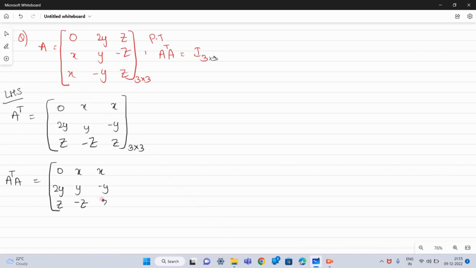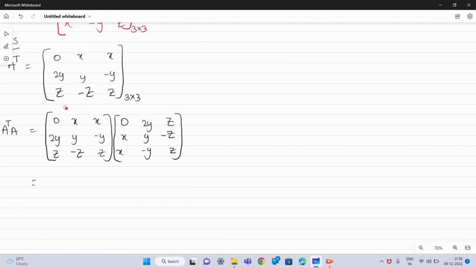This is A transpose with A: 0, 2y, z, x, y, minus z, x, minus y, z. Now multiply this with the first row. With the first column you'll get x square plus x square. With the second column you'll get xy minus xy.